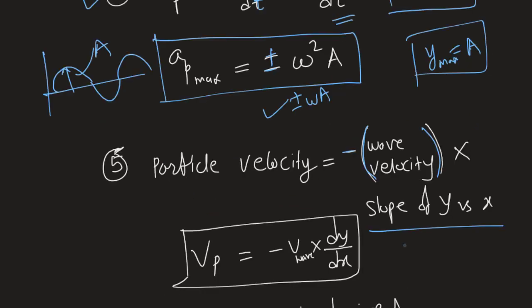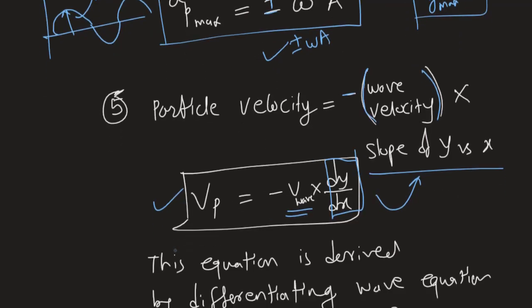The other way to find the particle velocity is by using this equation: minus v wave, that is wave velocity, into dy by dx. But dy by dx is actually the slope, right? If you plot x and y, then dy by dx is basically the slope. So this is another equation that you can use to find the particle velocity.